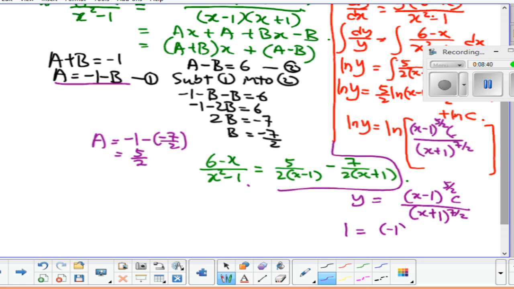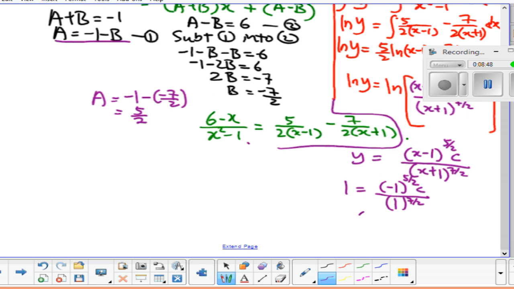So negative 1 raised to the power of 5 over 2 times c over 1 raised to the power of 7 over 2. And we can see that in this case, c has to be negative 1. Therefore, my answer is y equal to (x minus 1), everything raised to the power 5 over 2, times 1 over (x plus 1) raised to the power of 7 over 2. And here is my answer.